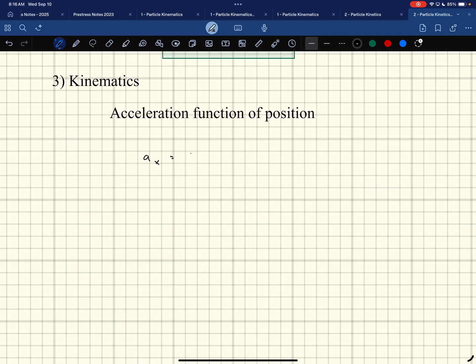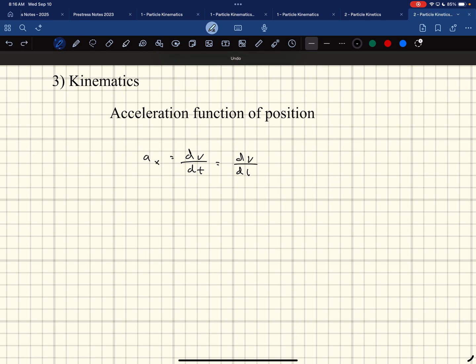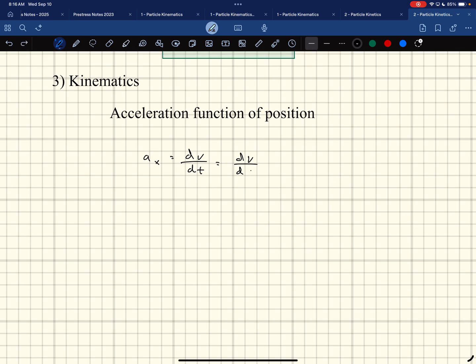We'll go to this. a_x is equal to dv/dt. And we could slip in the chain rule, dv/dx times dx/dt. dx/dt is just the velocity, right? So this is equal to v dv/dx.